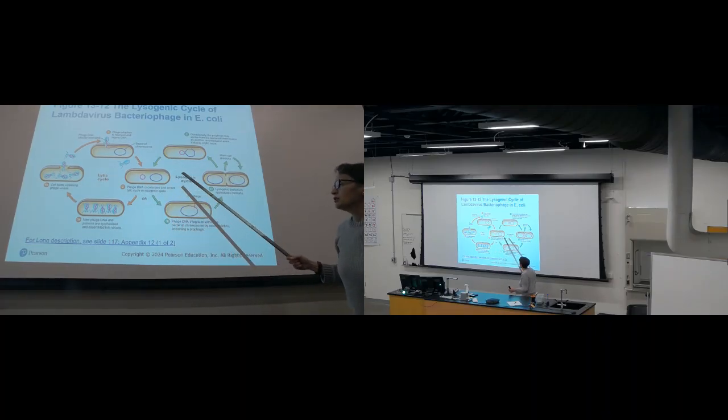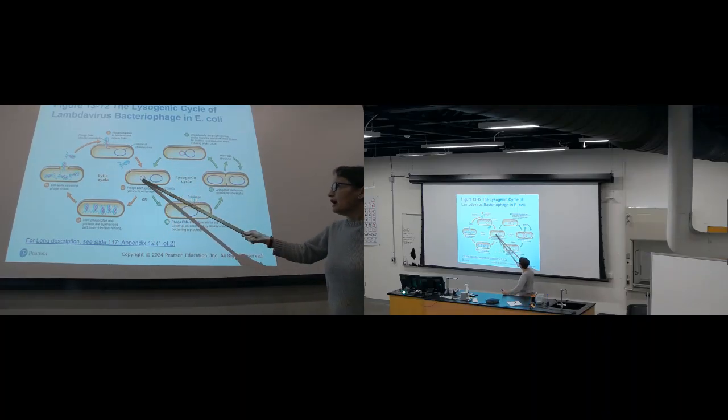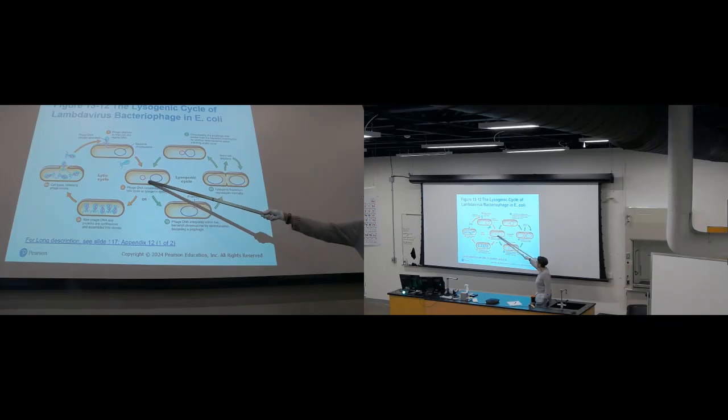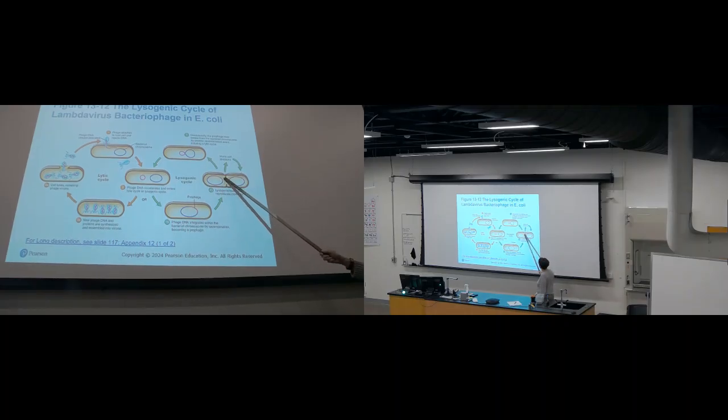But then nutrients are running low. So now this lambda DNA is going to hybridize with this bacterial DNA, and then you form a prophage. You can see a little piece here of this virus DNA within the host cell DNA. And then when these undergo binary fission, you make not only a copy of the bacterial DNA, but also of the viral DNA.